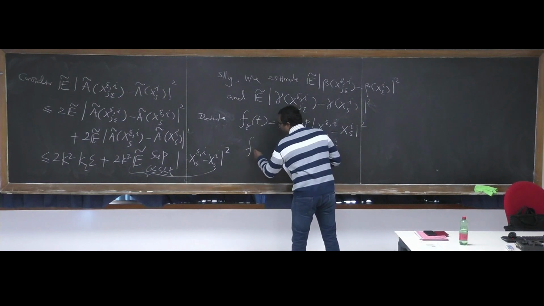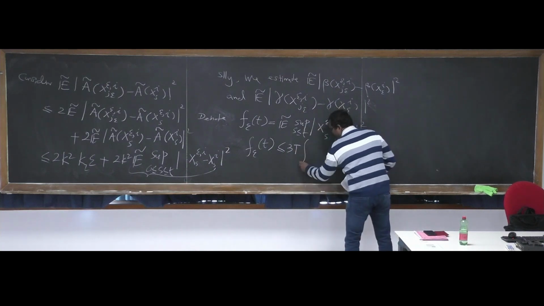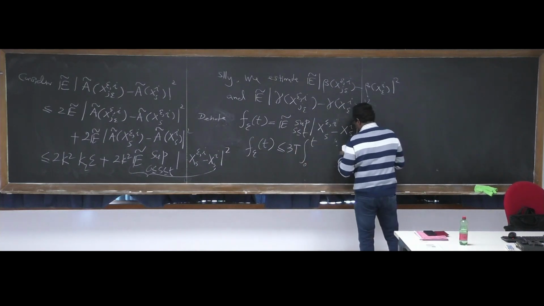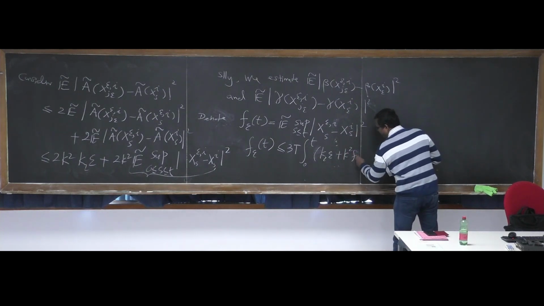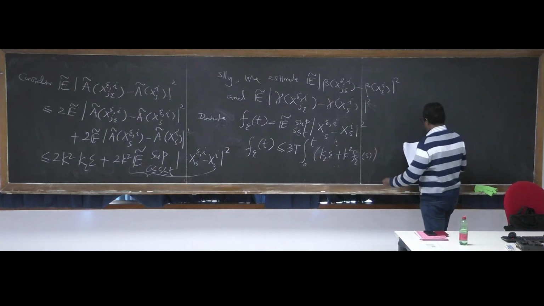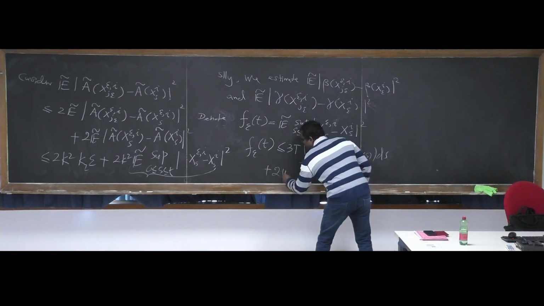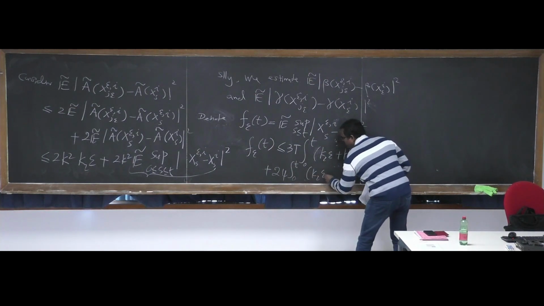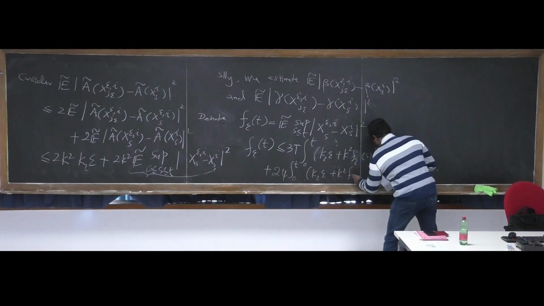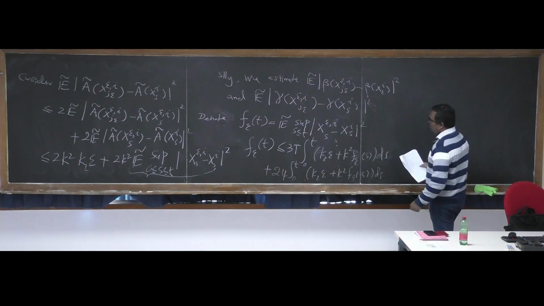final result: f^ε(t) is less than or equal to 3t times the integral from 0 to t of k2 ε plus k squared f^ε(s) ds, plus 24 times the integral from 0 to t of k2 ε plus k squared f^ε(s) ds.